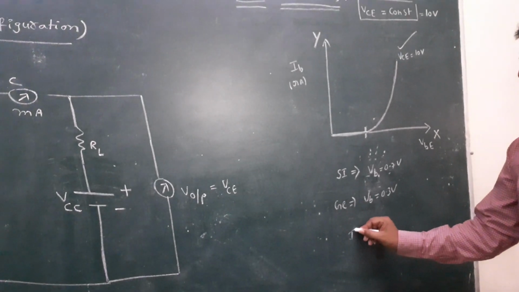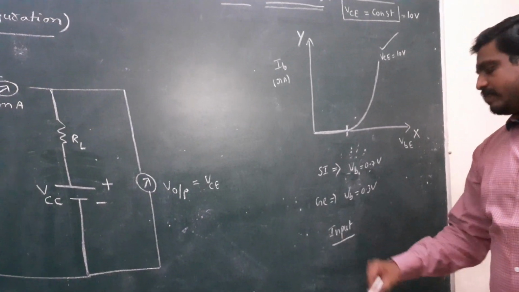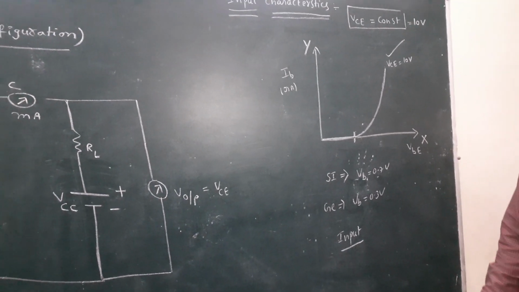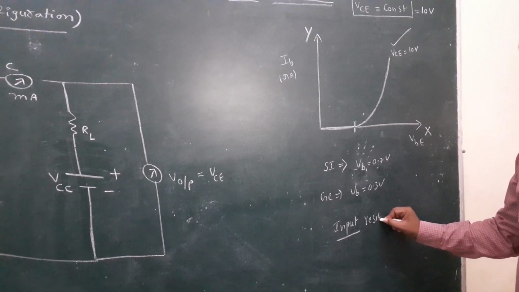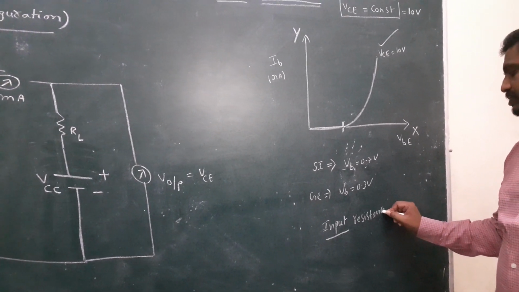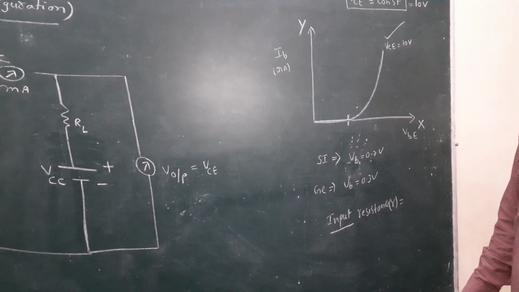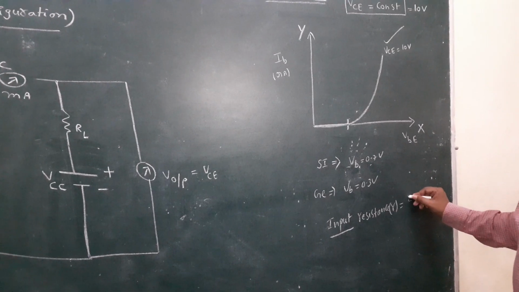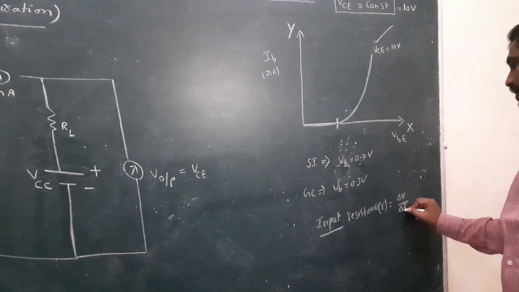Here, to determine the input resistance according to the graph: input resistance means, by Ohm's law, V equals IR, so R equals V by I, which is change in voltage by change in current.